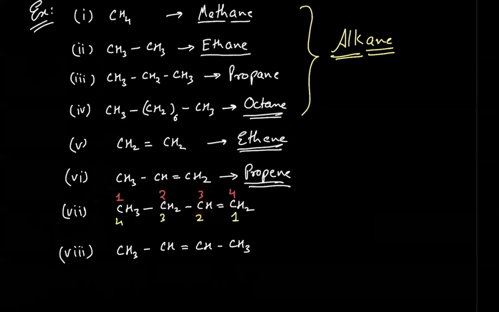While if you take the bottom way of numbering the carbon chain, the double bonded carbon comes at number 1. And we will always prefer the numbering where you get the lower number for the double bonded carbon atom. So we'll prefer yellow numbers and we'll number the chain accordingly. So you have 1, 2, 3, and 4 carbon atoms, but the double bond is placed on the first carbon atom. So how will you name it?